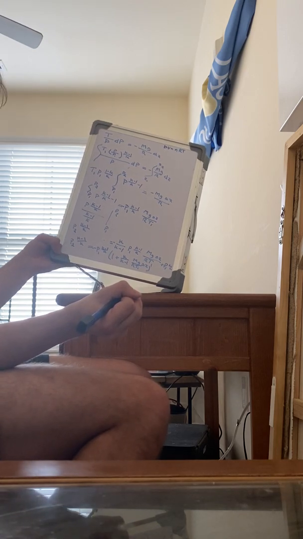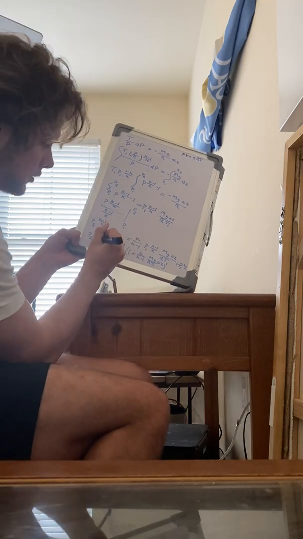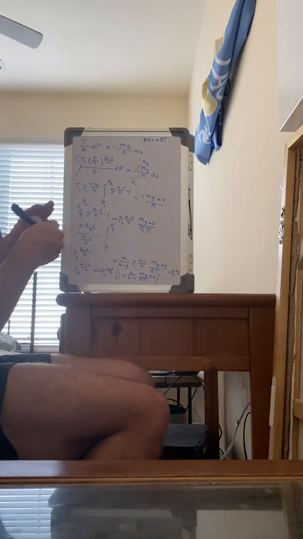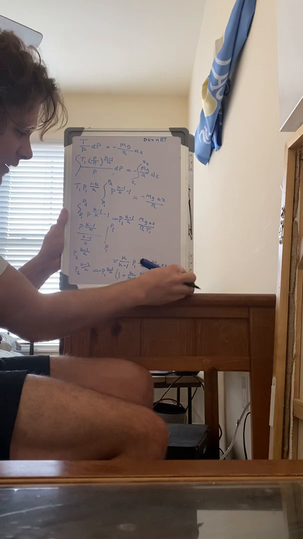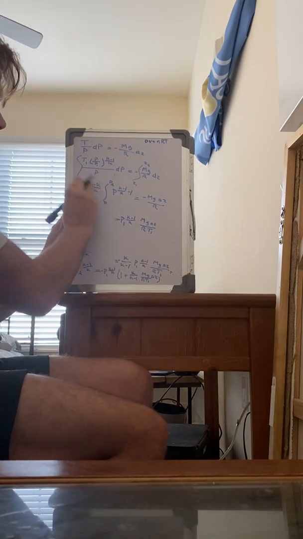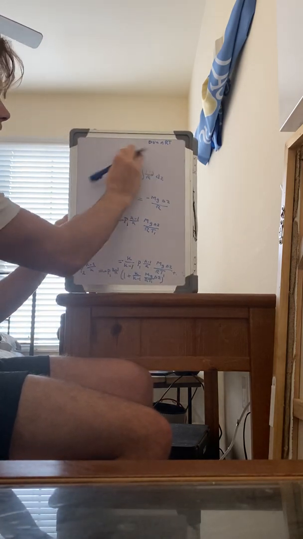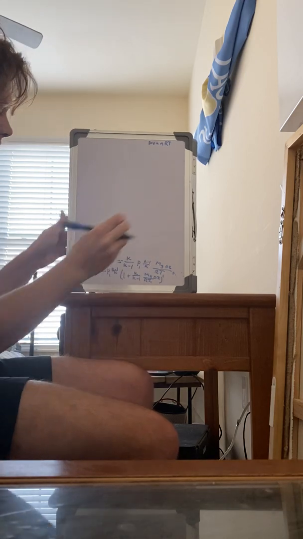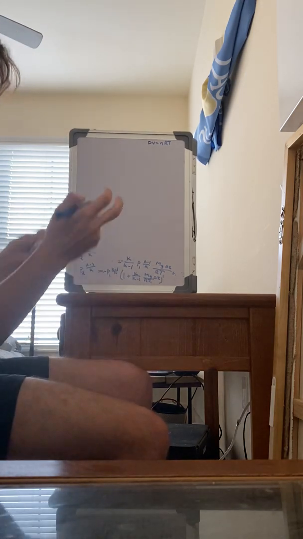And then to finish it off, I can just move my, dang, one line of room. Gotta erase all this now just to put this last line in. Now I can finally rearrange my equation to solve just for P2.